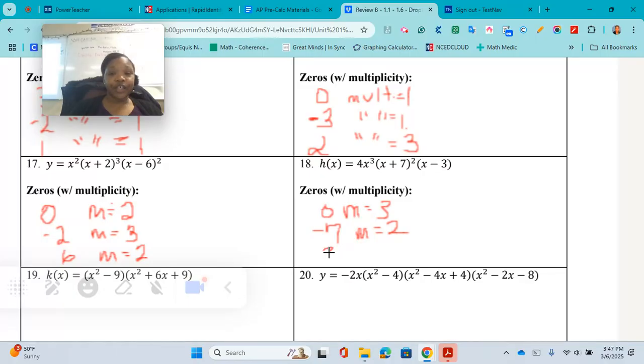And +3 with a multiplicity of 1. Any questions? All right.